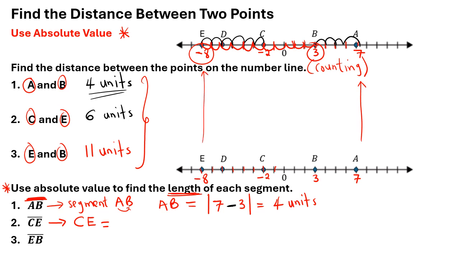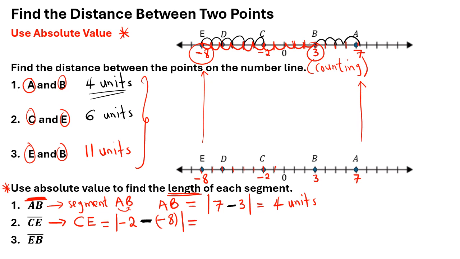All right, so we're dealing with CE. We're going to start from C, which is -2. Again, we're going to subtract. Notice that to get the distance, we always subtract. Then we're going to take E. E is -8. So instead of just writing -8 next to the minus sign, we will wrap it up in parentheses and keep the absolute value clean.